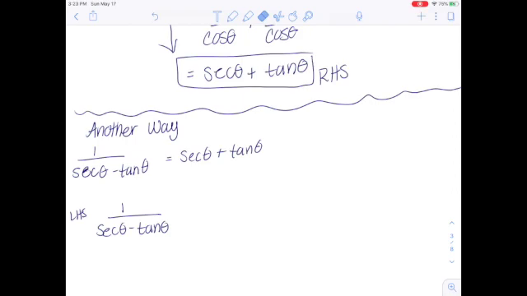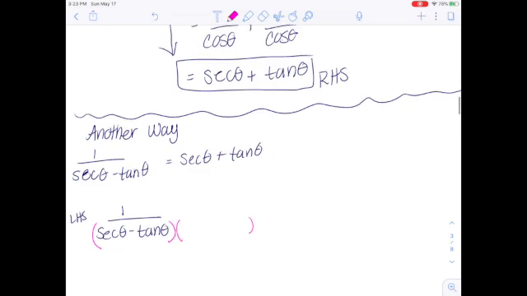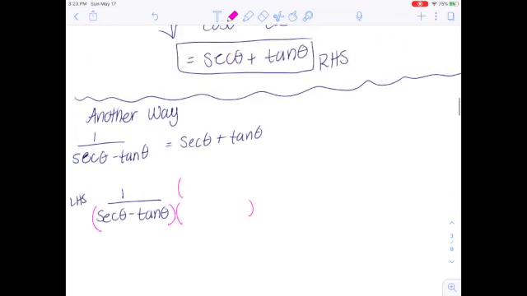One way to get kind of pretty far really fast is to take that denominator, right, and just right away multiply by your conjugate. So your conjugate would be secant of theta plus tangent of theta, numerator and denominator.